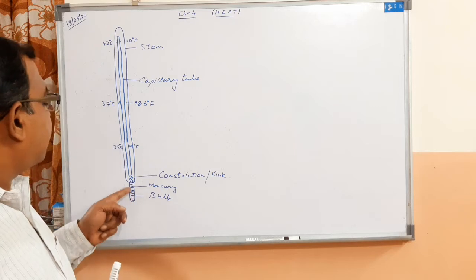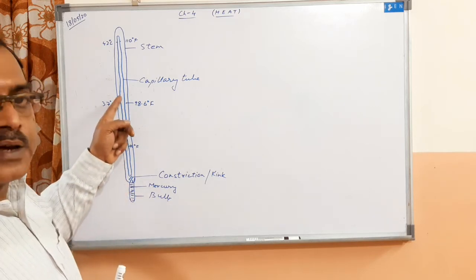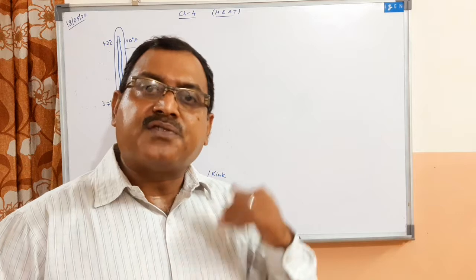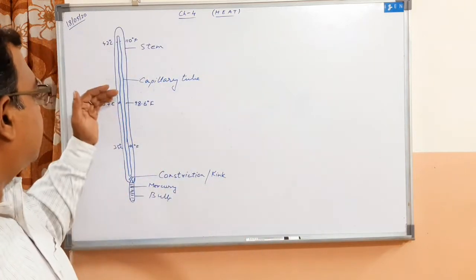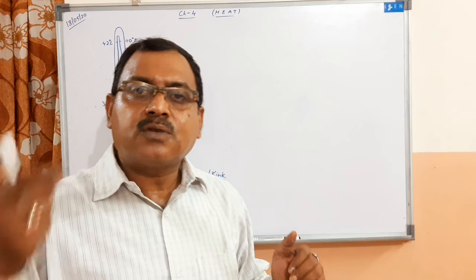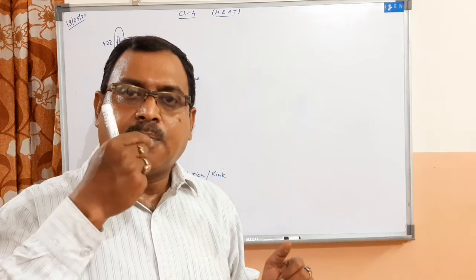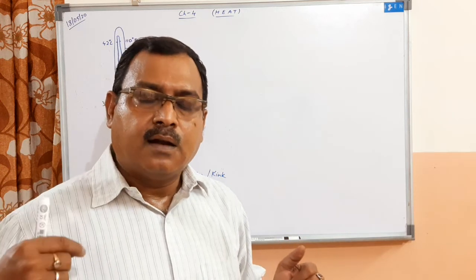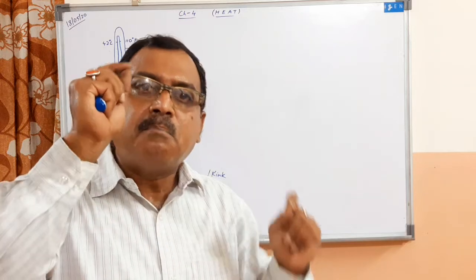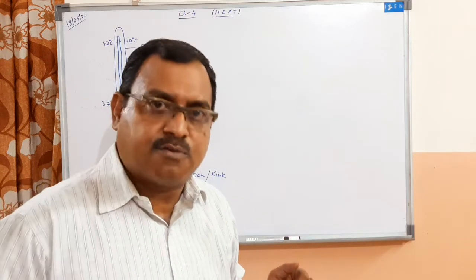This mercury will start rising, okay? And when the temperature of the body is reached, then the mercury will stop there. Clear? After that, you have to take out the thermometer, either from under the tongue or from your armpit, and hold it in front of your eyes and measure the temperature, record the temperature, right?